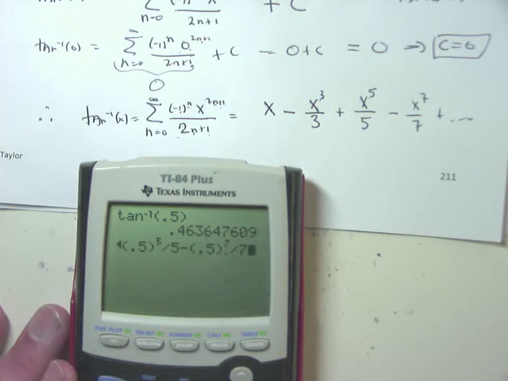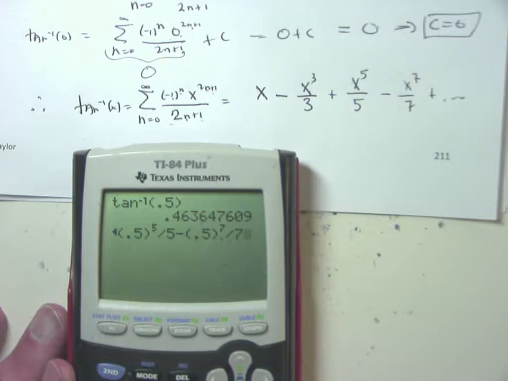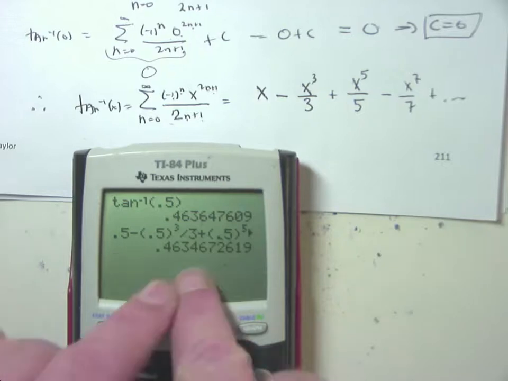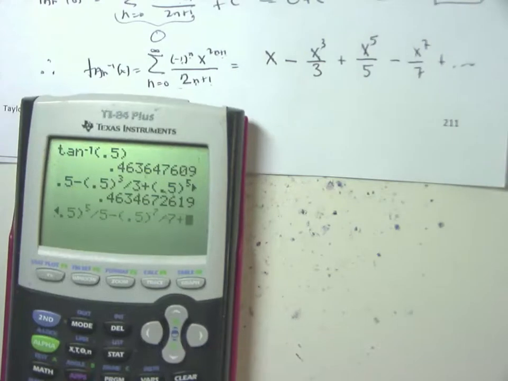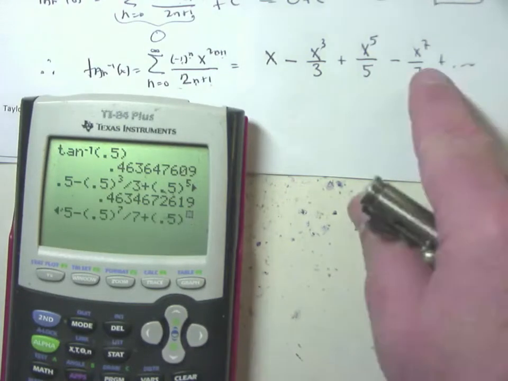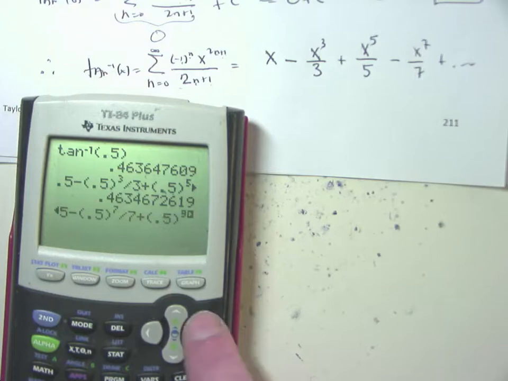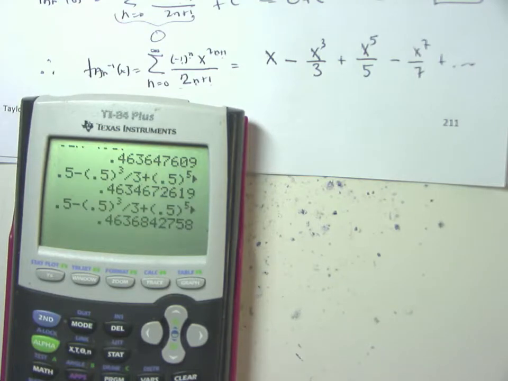And I only stopped at 4 terms here, but let's see what we get. Do you notice that the numbers are really darn close to each other? And wait a minute. Let's do one more term. What do you think the next term is going to be? Plus 0.5 to the odd power, 9th, divided by 9. And what do you get? You get this here, right?